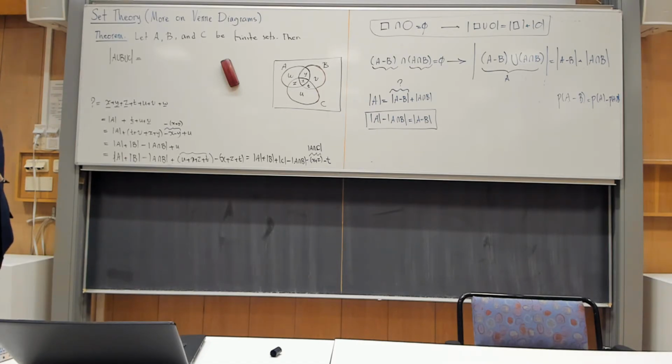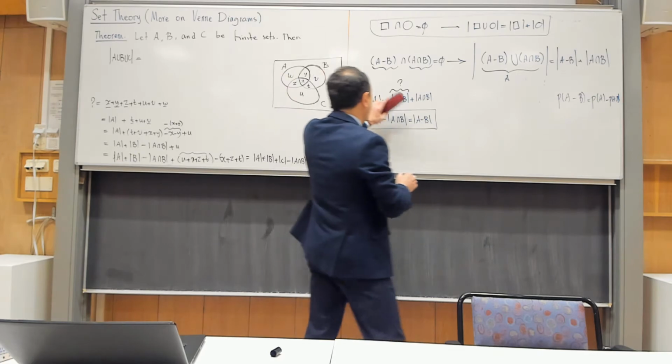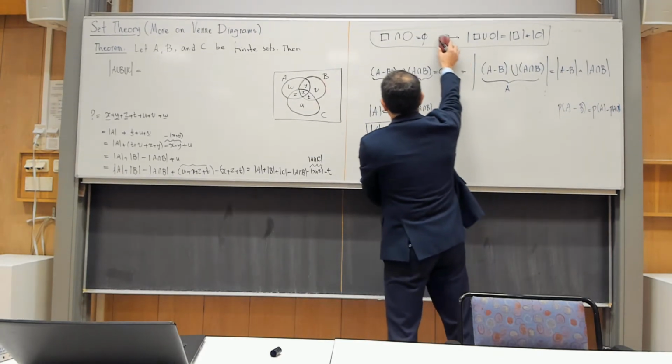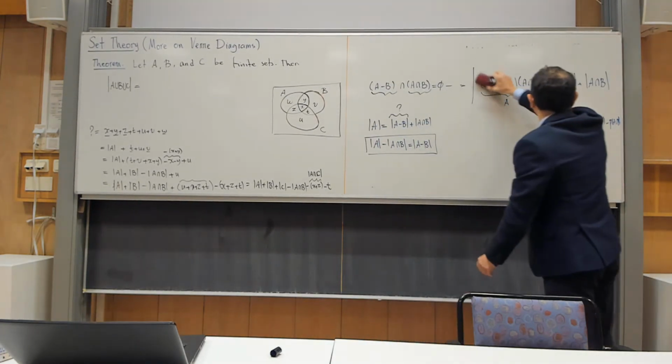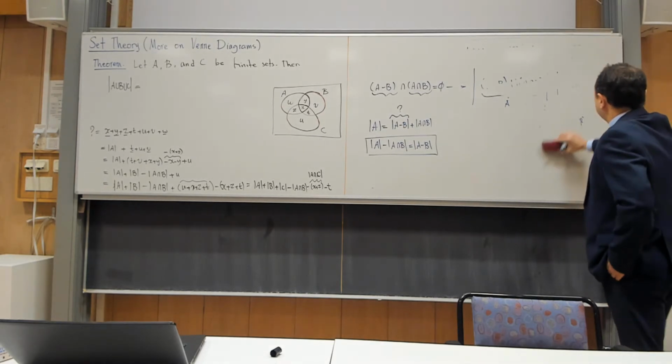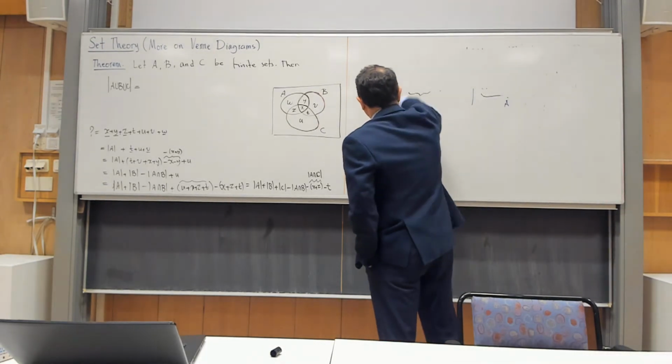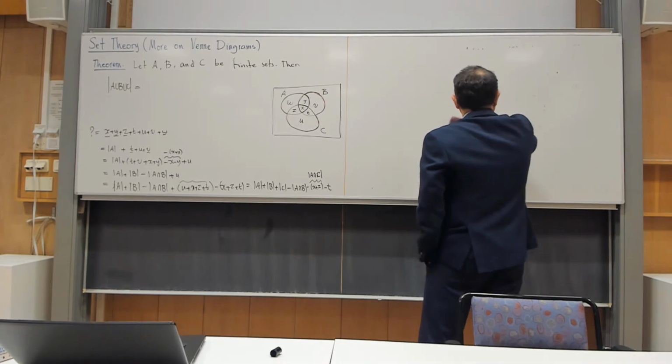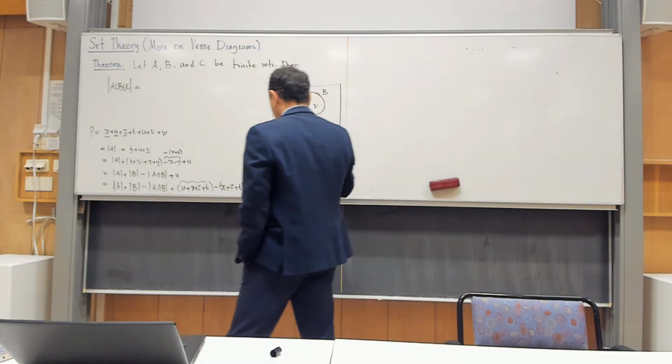You could write the cardinality of B intersect C and then subtract the cardinality of A intersect B intersect C. Very good, yes, that's good. So then all of them come into the game. And then that is the last thing that we want to do, yes? So it becomes equal to, so let me just write this.